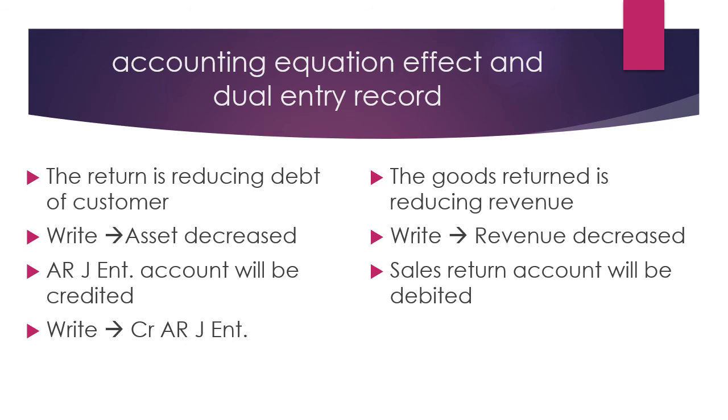However, you will not debit the sales account. You need to open up a new account that we call sales return. So the sales return will be debited, because whenever revenue decreased, that particular account will be debited. So write DR sales return.